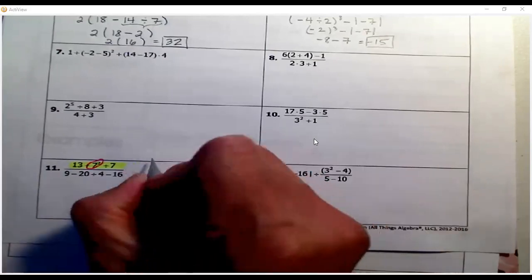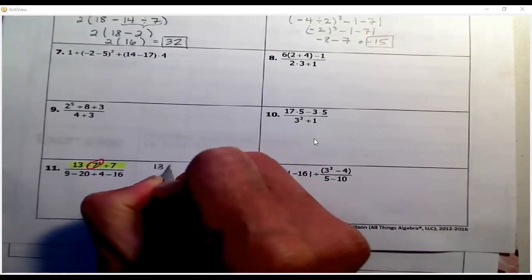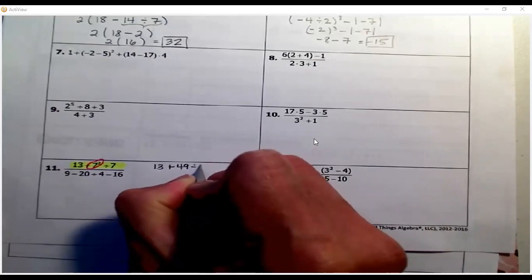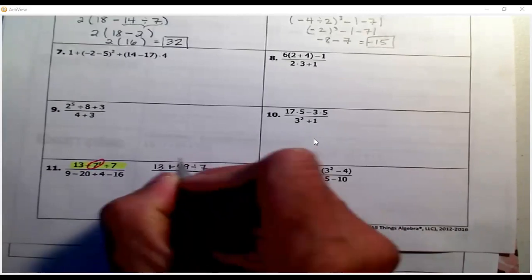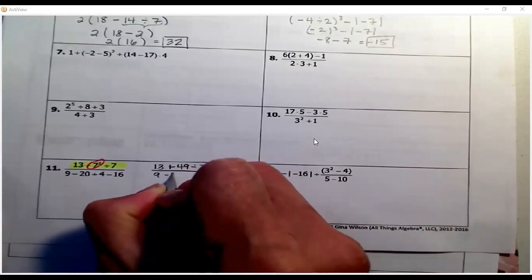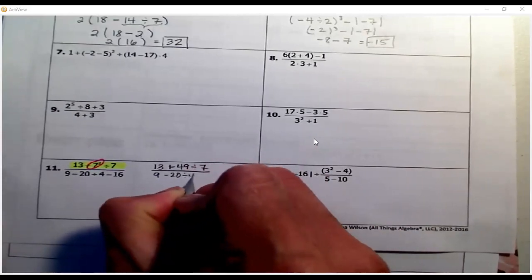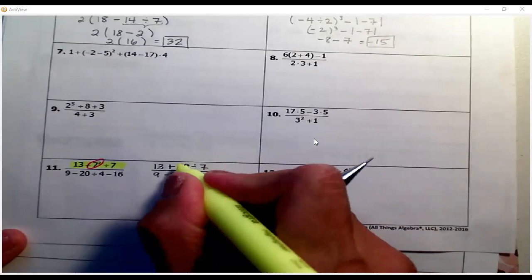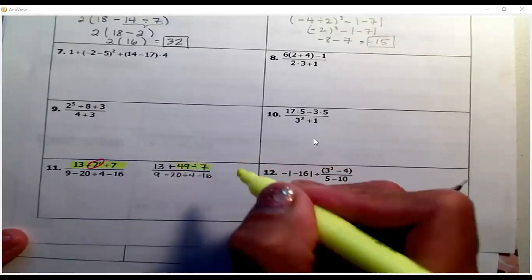So I'm going to rewrite this: 13 plus 49 divided by 7 over 9 minus 20 divided by 4 minus 16. Now, my next operation is going to be division because it overrules addition.